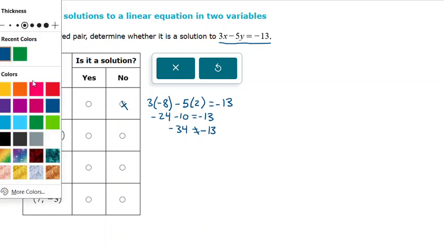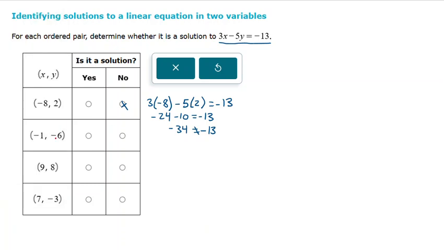Let me switch to a different color here for the next one. So now we have -1 for x, and we have -6 for y. So again, I'm plugging in those points into my equation, and I want to see if it equals -13.